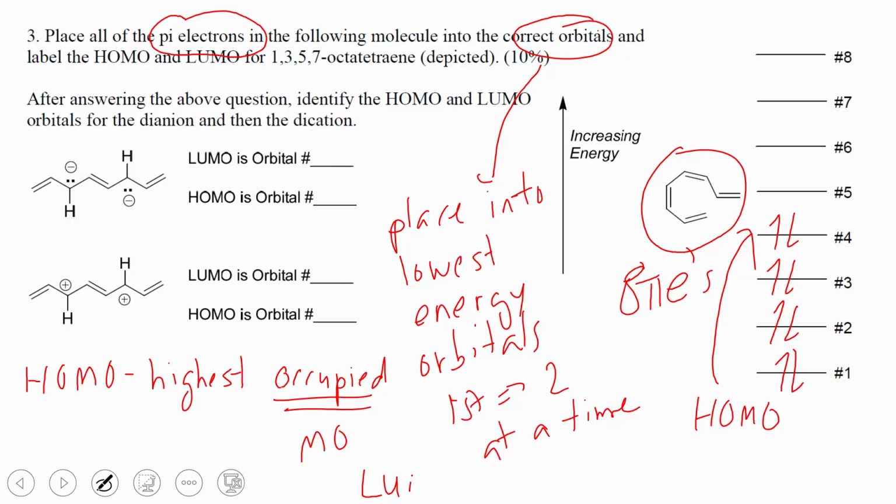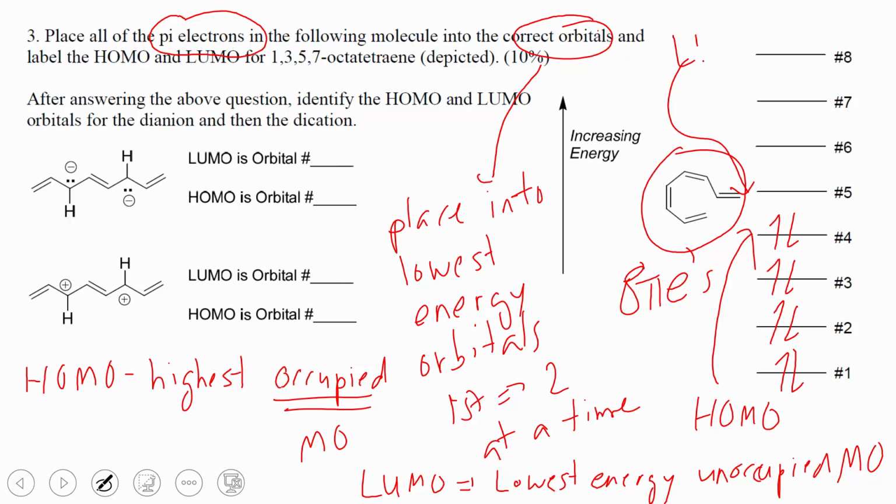LUMO means lowest energy unoccupied molecular orbital. The unoccupied molecular orbitals are 5, 6, 7, and 8. 5 is the lowest in energy. We're going to refer to that as being our LUMO. All right, so there's that one.